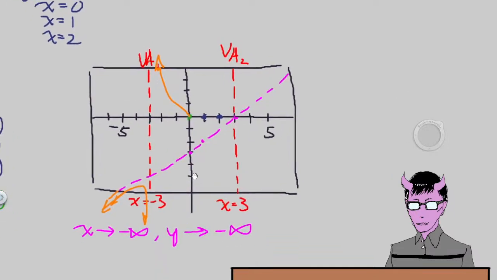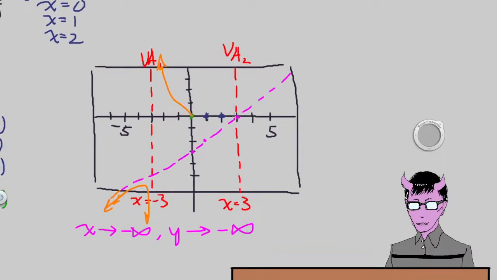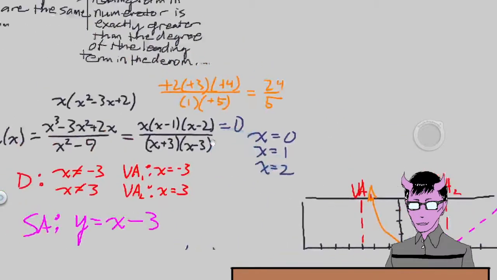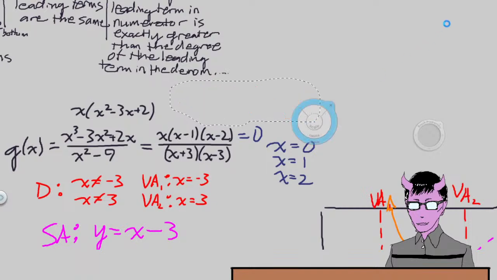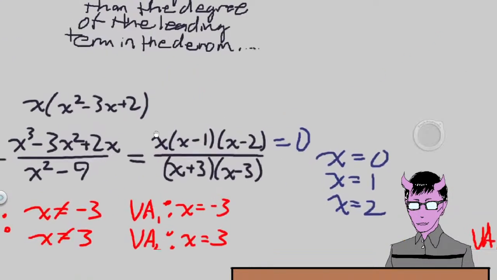So what I'm going to do, we can't plug in one space away from this vertical asymptote because we already have it right here. So you can plug in half a space away just to see what happens. Let's do that. This is 3, so we're going to plug in 2.5. If we plug in 2.5, what do we get?